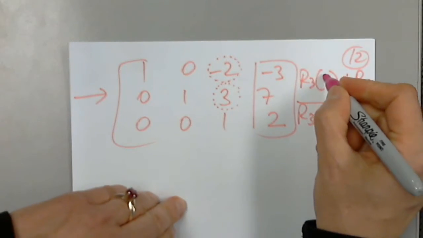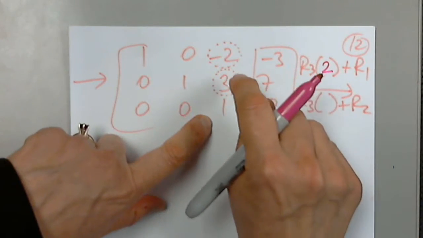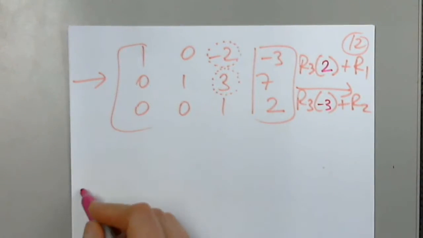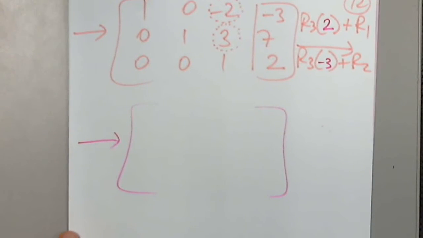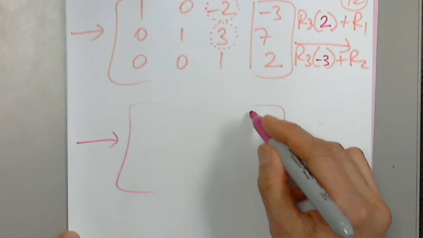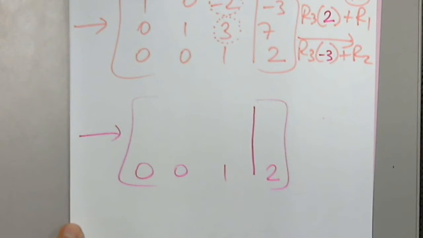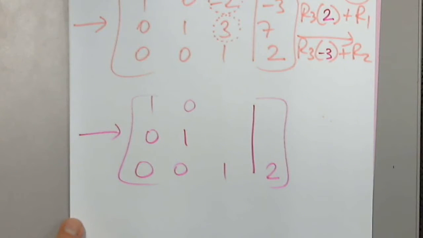Indeed. 1 would be multiplied by something that I would add it here to get a 0. Awesome. Which row does not change at this point in time? Because I'm using it. Yes, 0, 0, 1, 2. And of course, 1, 0, and 0, 1, they cannot change.